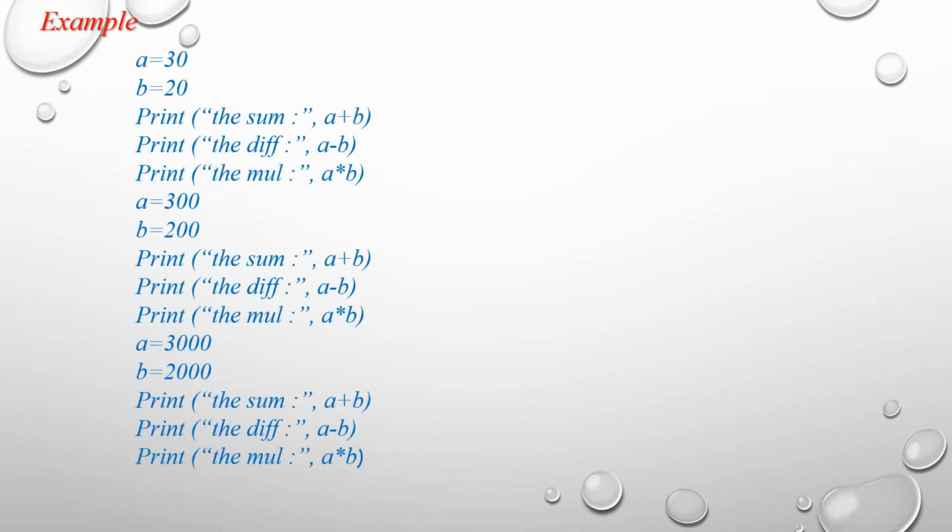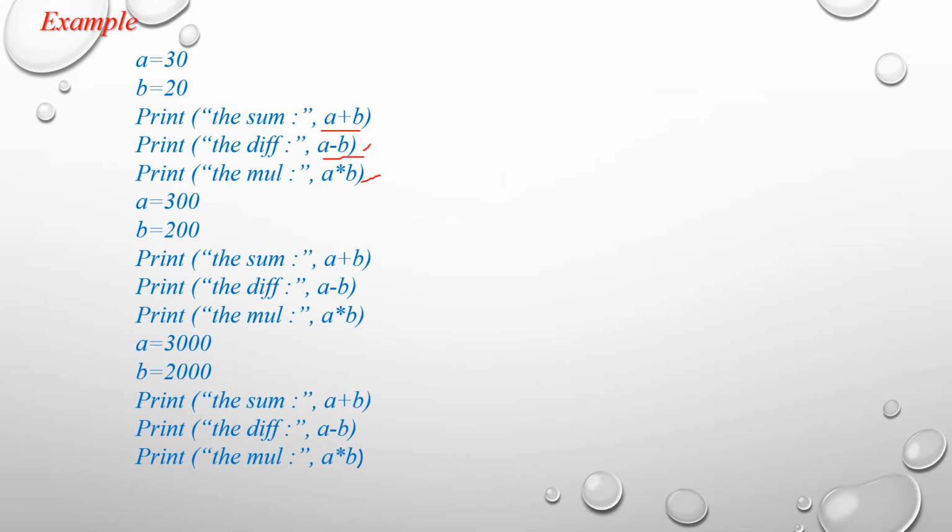Let's consider one example. Here a is equal to 30 and we assign 20 to b. We are going to print the sum value, a plus b, and the next printing statement is a minus b. The next statement is a multiplied with b.